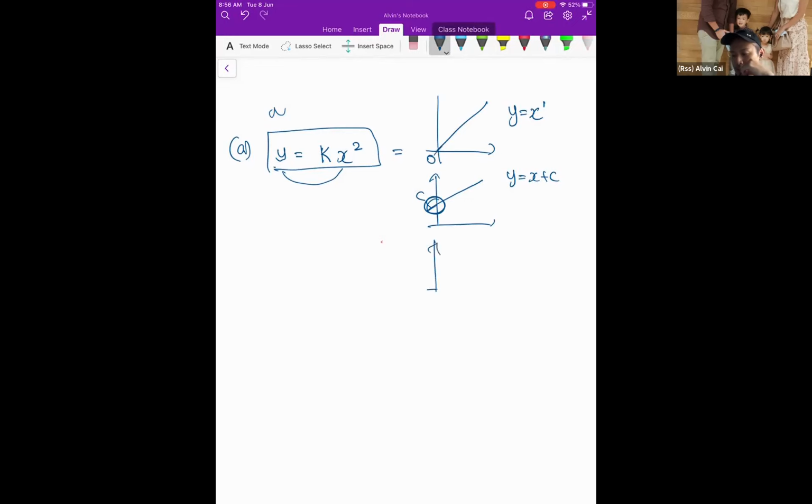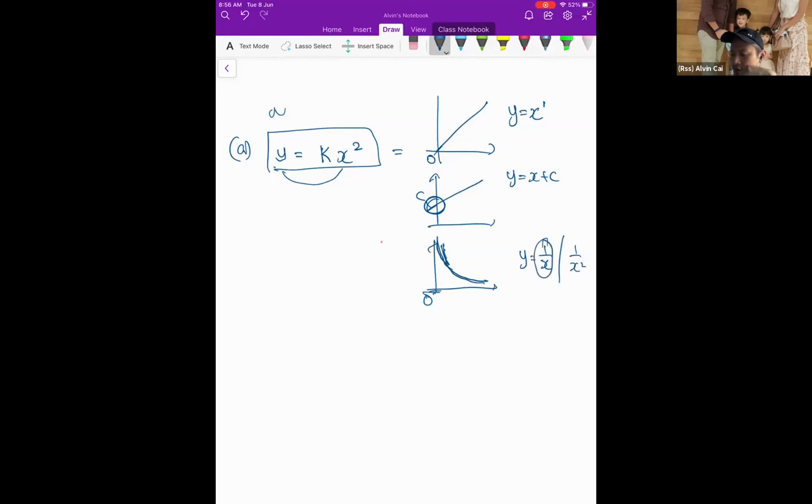The third line that you are seeing, what type of line is this? This is when you have y equals 1 over x, or even 1 over x squared. Why? Because you can see that when x gets near to 0, the value gets bigger and bigger.